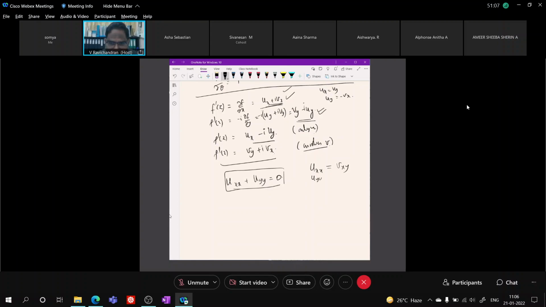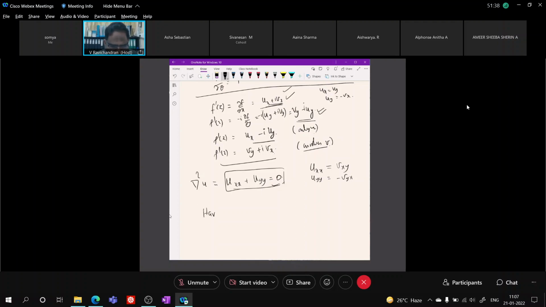And if you differentiate, uyy minus vyx will come. If you add them, you will get vxy minus vyx. And these mixed partial derivatives are not in general equal. If they are continuous up to second order, then they will be equal. So using that, we can see that this equation is satisfied. This is what you call del square u, the Laplacian.